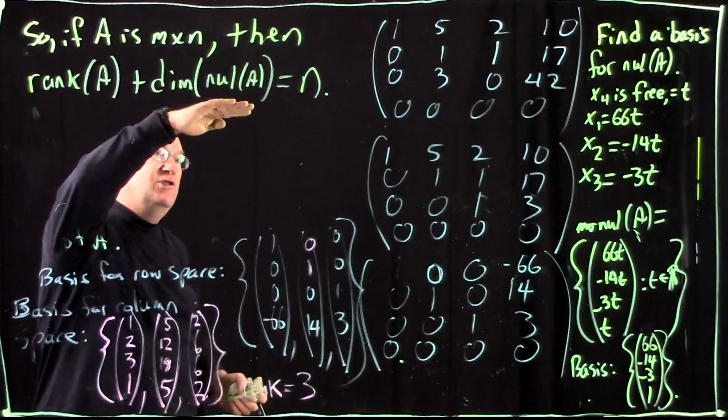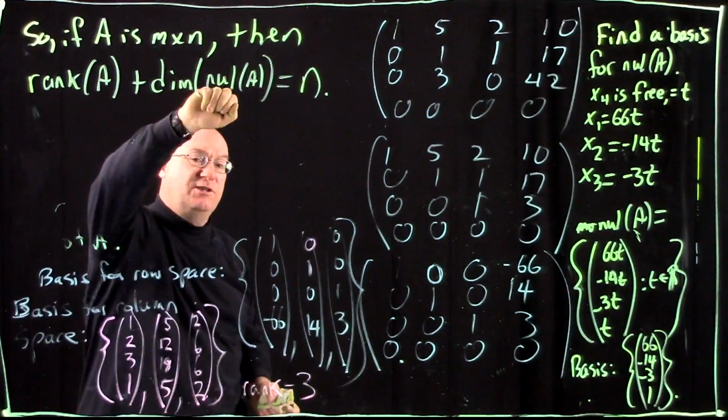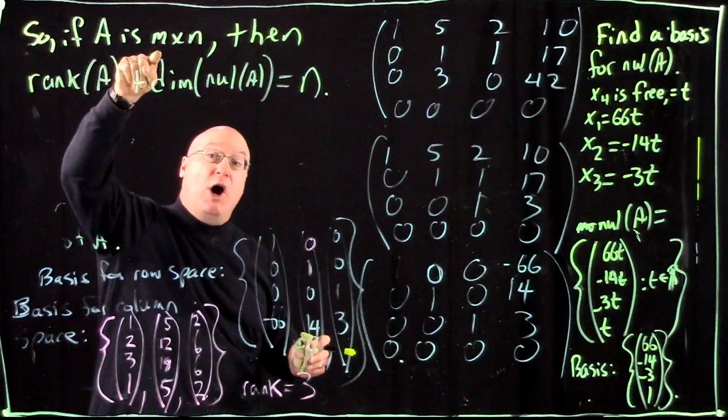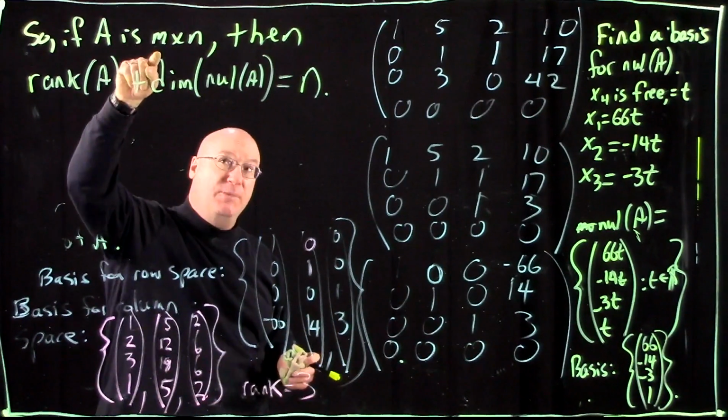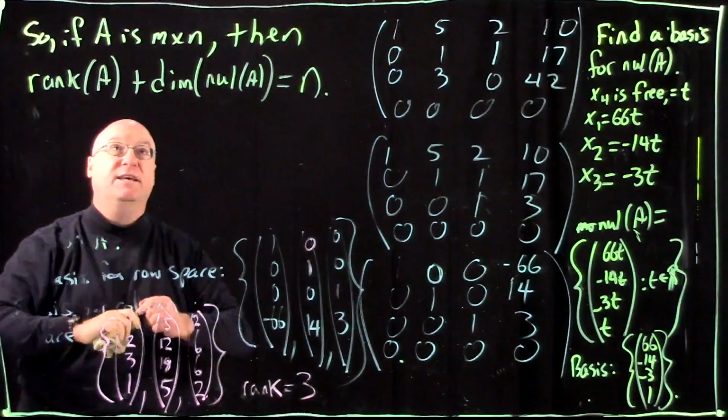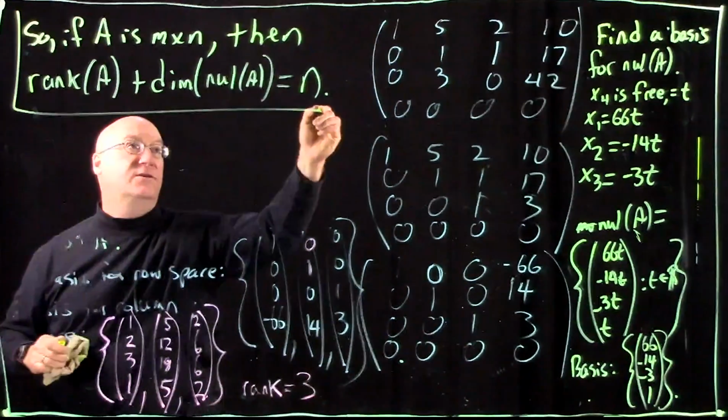This represents how much of the starting space gets crushed to 0. This represents how much of it gets spread out into Rm. All right, so the sum is equal to the starting dimension. That is a big thing to remember.